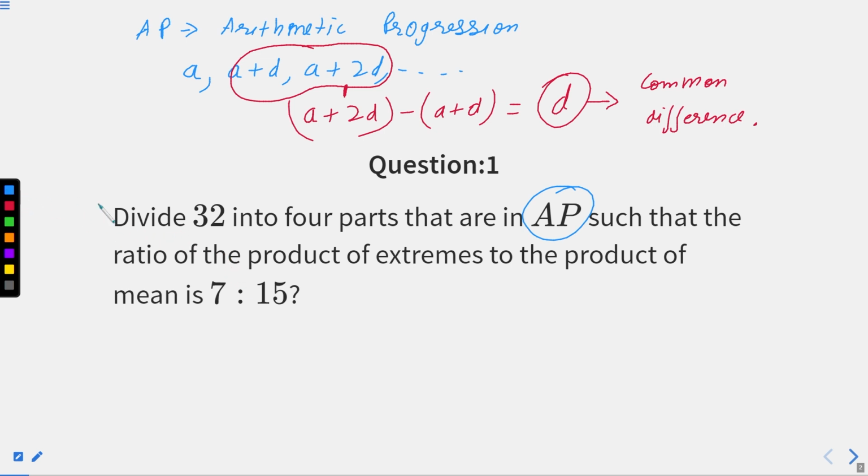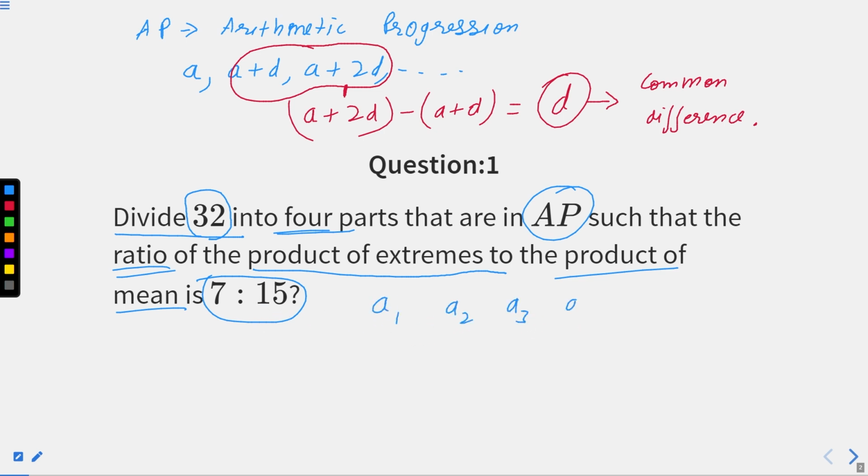Now let's jump into our question. The question is asking to divide the number 32 into 4 parts in such a manner that the ratio of the product of extremes and the product of means is 7/2. So the question is saying, let's say these are the 4 parts of 32.